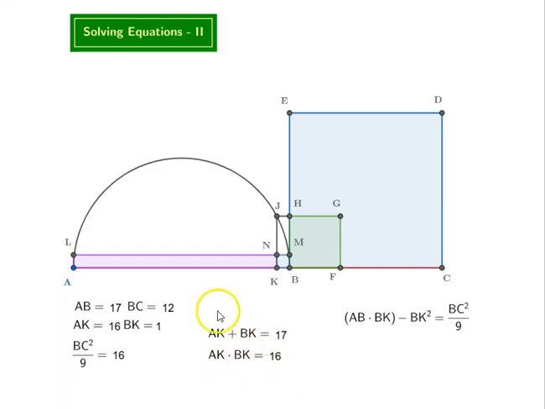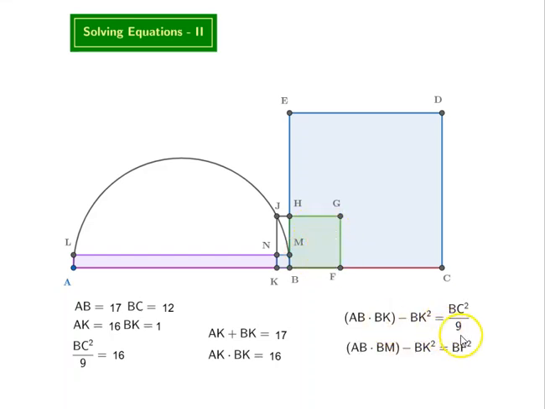So sum of this AK and BK is equal to AB, and AK times BK is equal to 16, which is equal to BC square by 9. Basically, we have arrived at a rectangular area whose area is equal to this square.